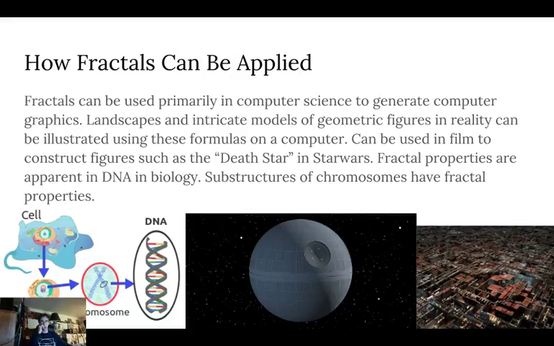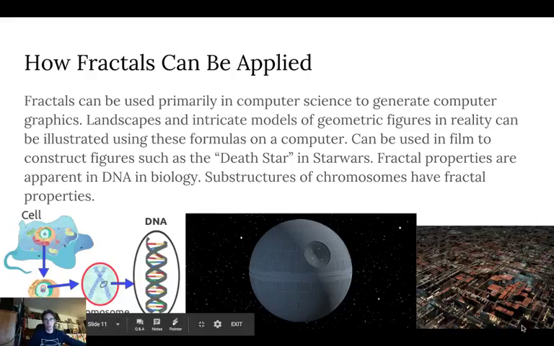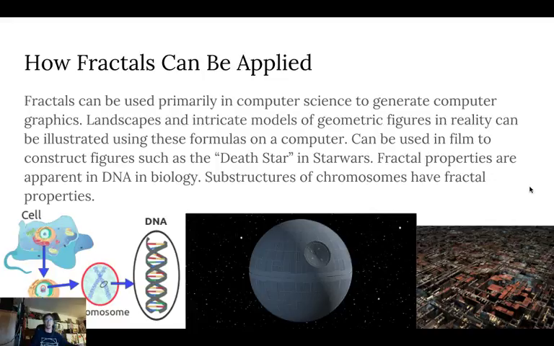Those are elements of fractals. And it can be used in film. It was used in film to construct the Death Star. If you look closely on the right, you can see those aspects of the Death Star. If you zoom in closely, it becomes these infinitely expanding little tiny centers, atoms, and blocks, if you will.